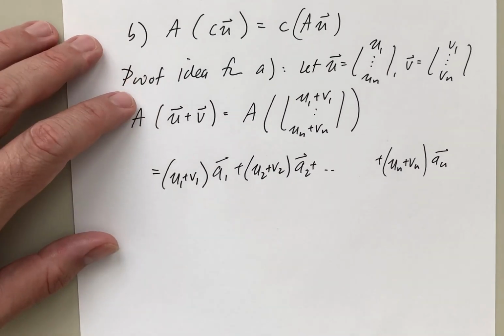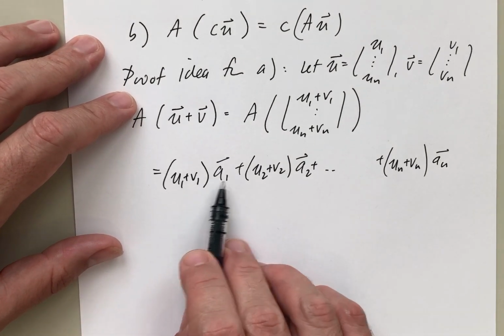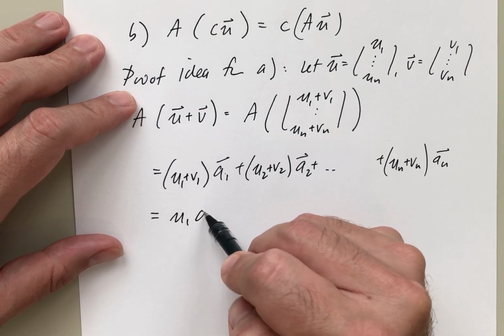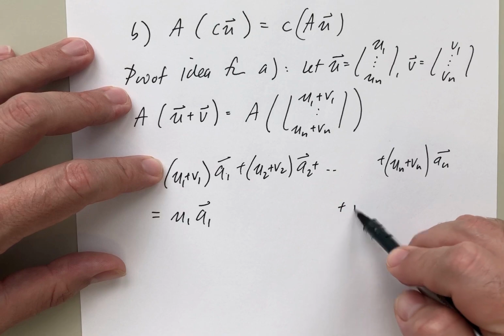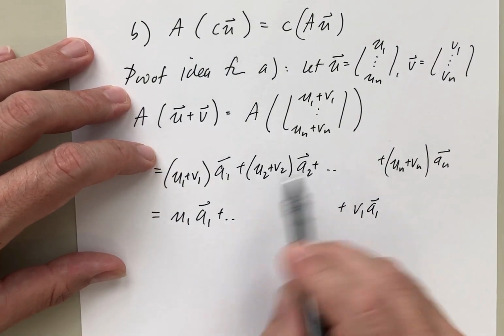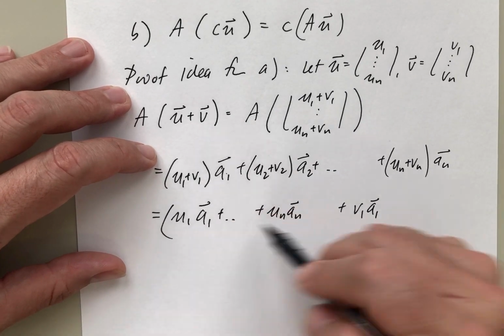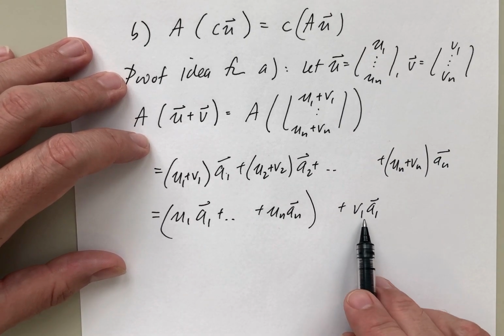Okay. But we know now that if I take U1 plus V1, that's a number, and I scale A1 by that, that's the same as U1 A1 plus V1 A1. And if I now peel off all the U's that I see, this will be Un times An. And then what I'm doing is collecting all the V weights over here.